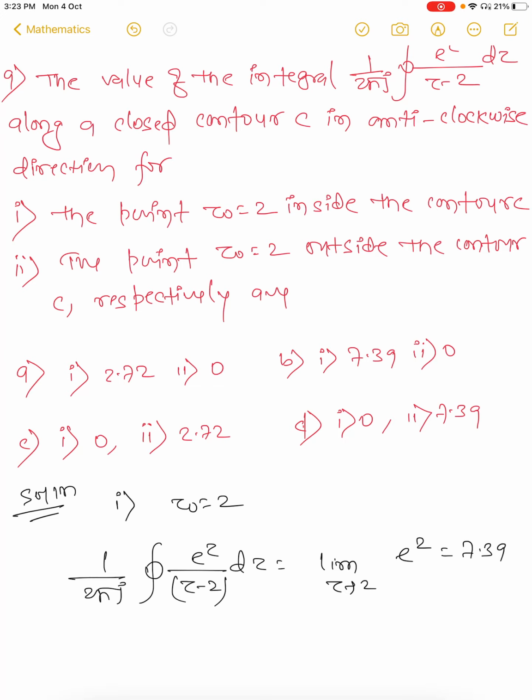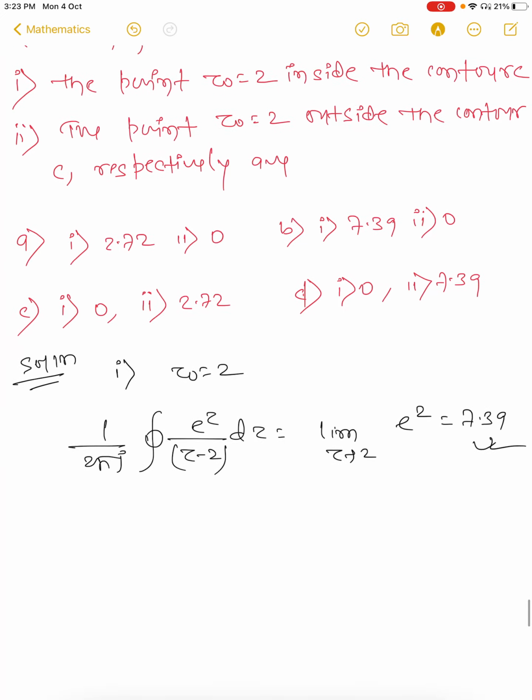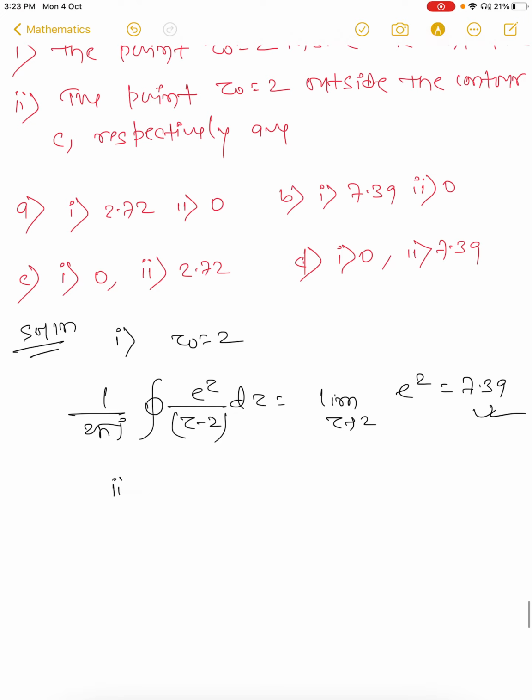That is option B. If 2 is outside the circle, then it will be 0.